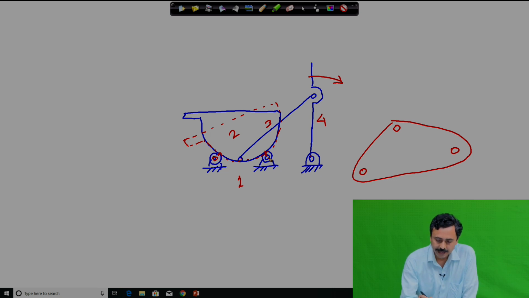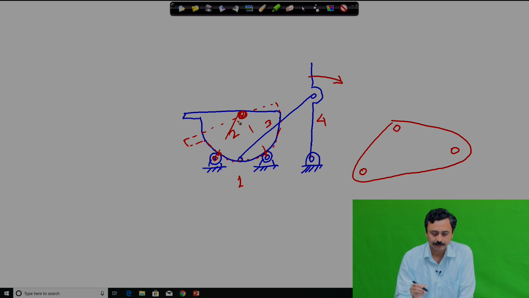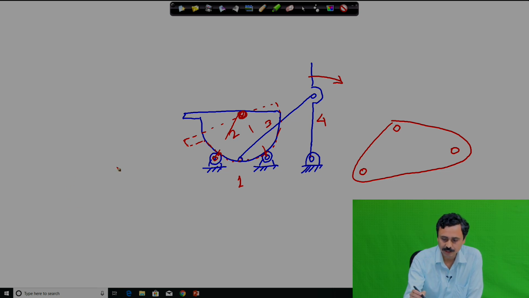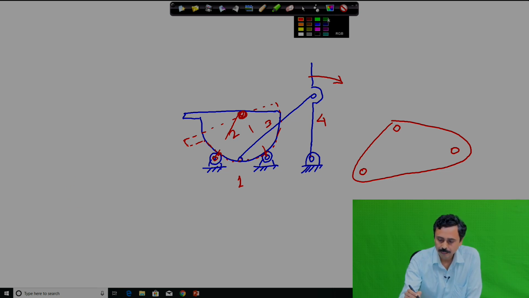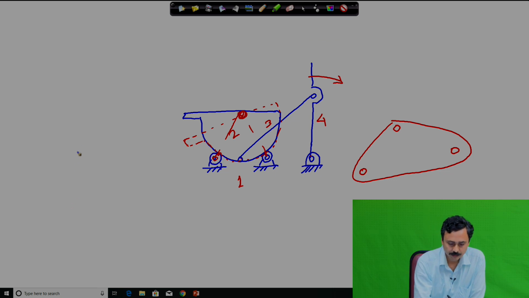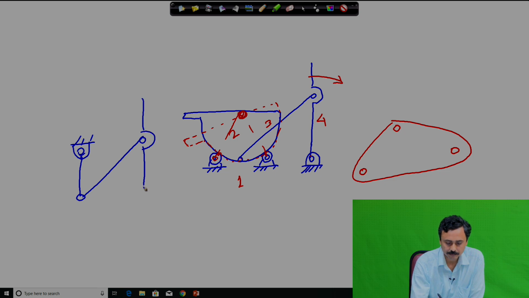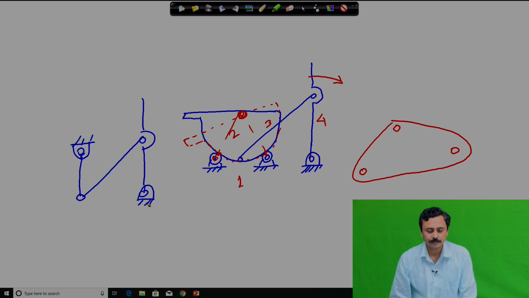Okay. But then if you think about the kinematic diagram of this, the pouring snout has a rotation about this point. It has a rotation about this point, therefore, as if this point is fixed, right.